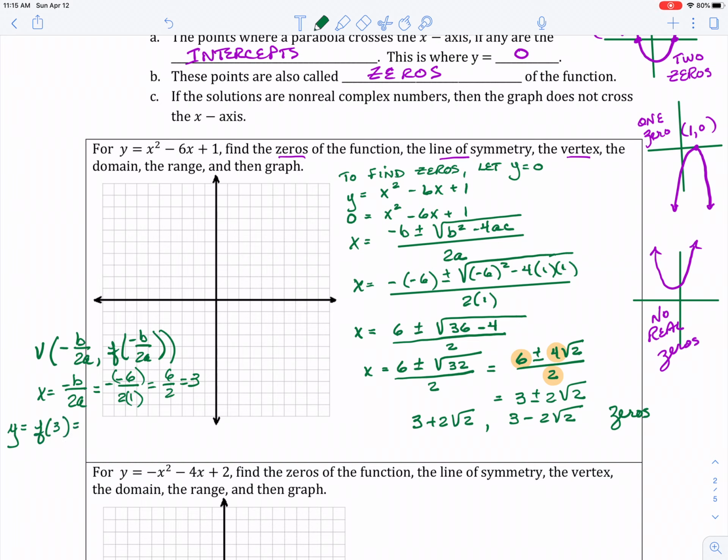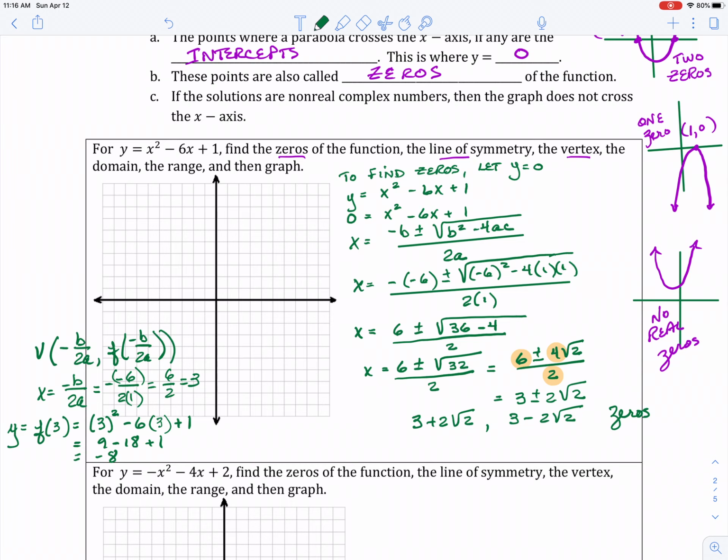And to find the y-coordinate, we just simply go into the original function and plug in, do the arithmetic. Looks like that's going to be -8.